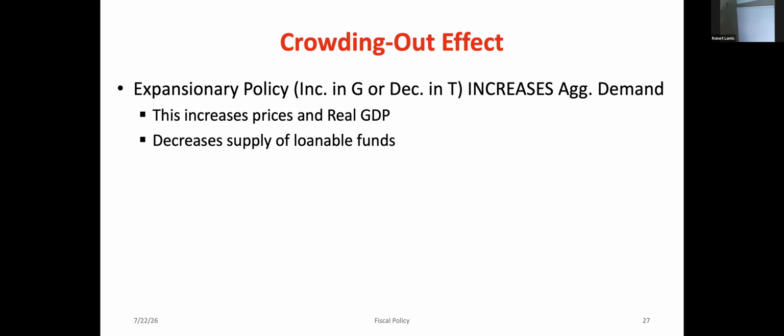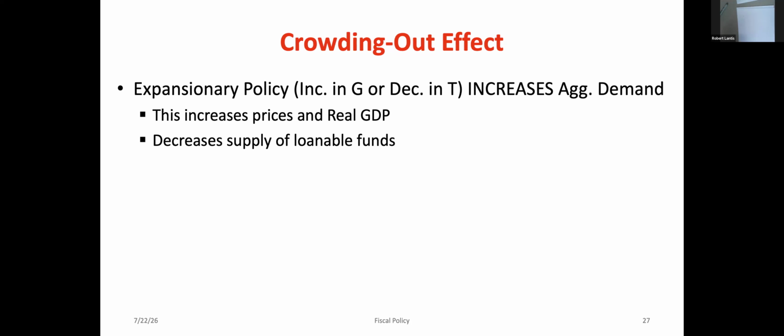If we go back to earlier modules, once again, this is not going to be a cumulative final, but it's comprehensive in that we're using things we talked about in previous modules. If we increase government spending, for example, that means there are fewer funds for the government to go out and take loans and invest in projects. So that's going to decrease the supply of loanable funds.